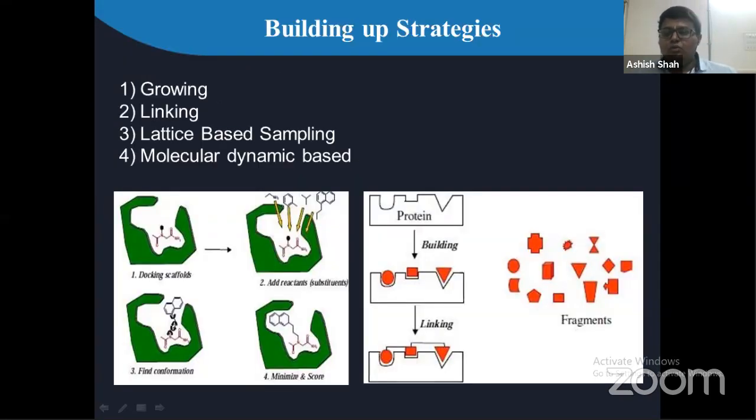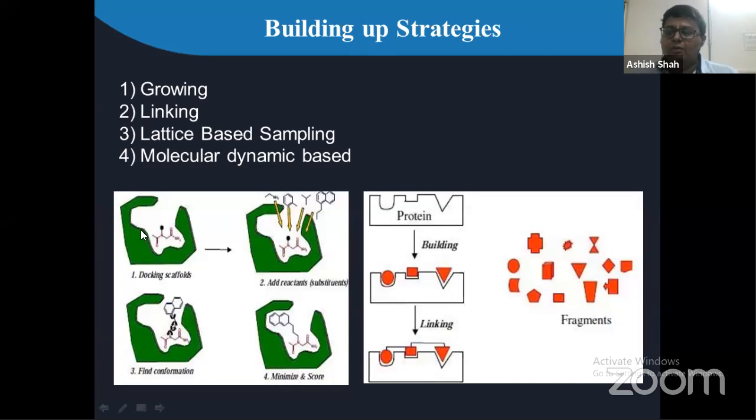So what I will do in de novo drug design, first of all, I will identify my binding pocket. Say, for example, this is my binding pocket, and step by step I am including the functional groups. Suppose this particular portion is hydrophobic in nature.